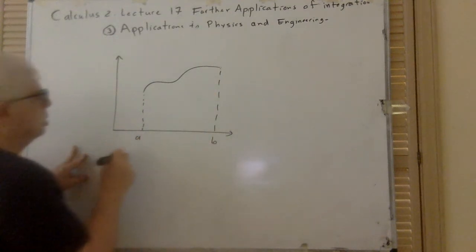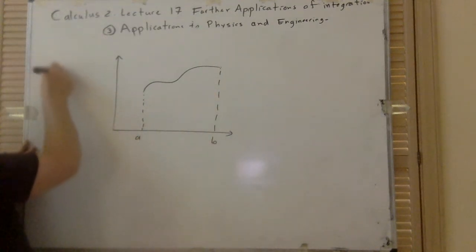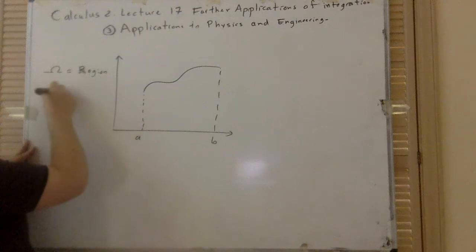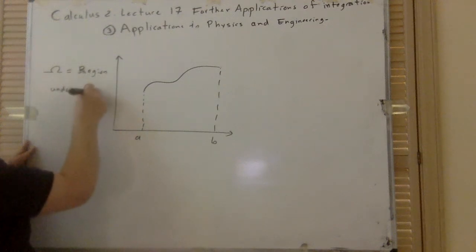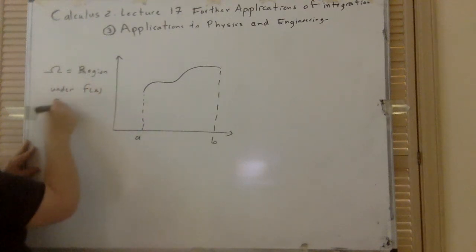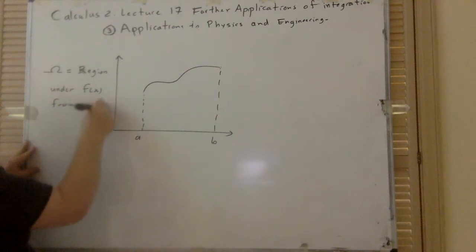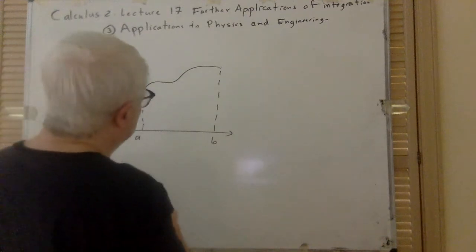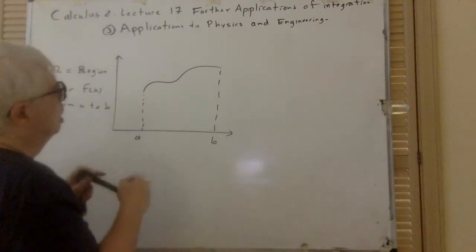So omega is the region, not area, region under f(x), on the graph of f(x) from A to B. So let's find formulas for this one.